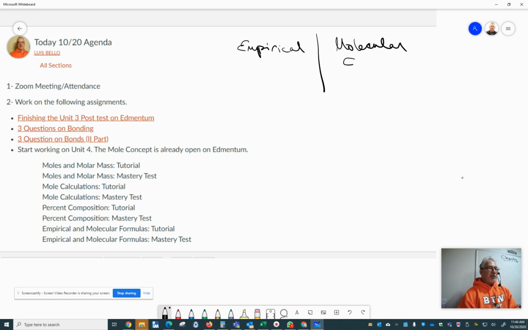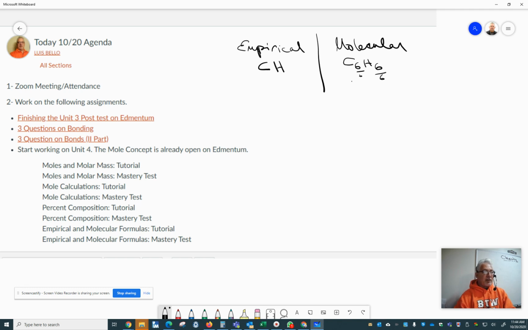In benzene, which is an organic compound, the real molecule has 6 atoms of carbon combined with 6 atoms of hydrogen. But the empirical formula will be the small ratio, so we can simplify this formula. I can divide by 6 and divide by 6, and the empirical formula will be 1 to 1. 1 atom of carbon to 1 atom of hydrogen.